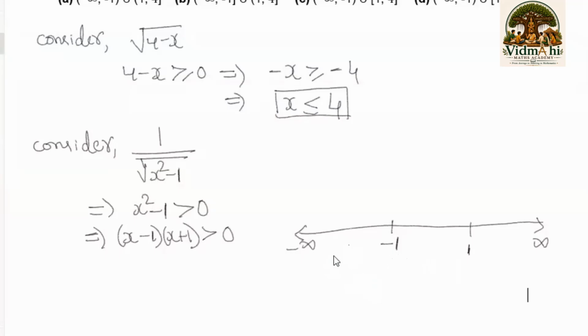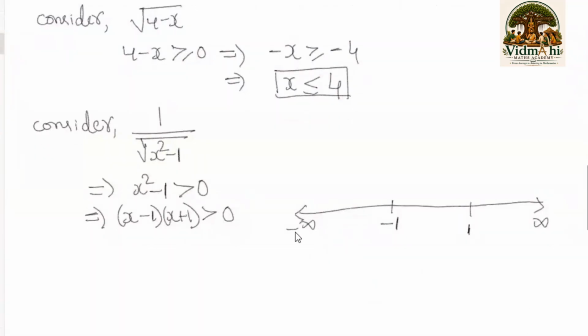Now in between minus infinity to minus 1, consider any one of the values. For example, if you consider minus 2, substitute this minus 2 in this inequality. So minus 2 minus 1, that is negative, and minus 2 plus 1, there we get negative.